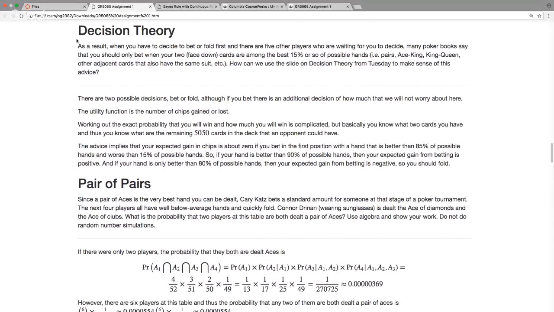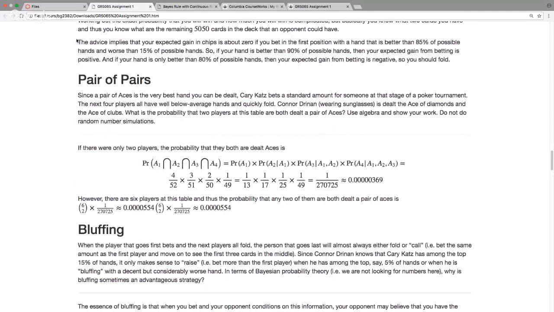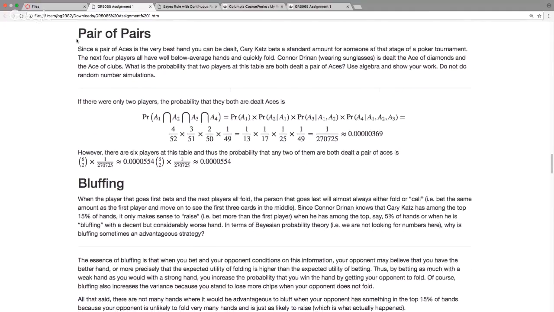Clearly, pair of aces is the best hand that you can be dealt, and so you're always going to be betting that, and then it folds around to Connor Drinan, who also has aces, and this was an extraordinarily unlikely event.